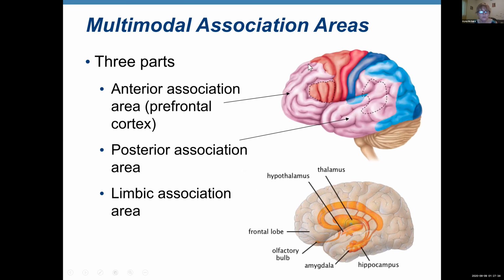The multimodal association area is shown here in pink color, and some on the diagram below in orange. It includes the anterior association area, or prefrontal cortex, the posterior association area over here, and the limbic association area that is deep in the brain. That's the multimodal association area.